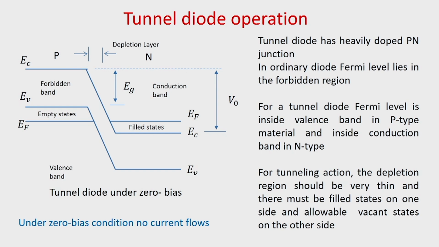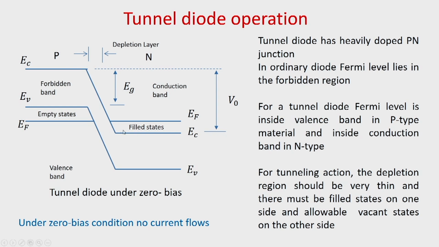So, if such a condition exists, then the electrons can move from this side, or tunnel through, to the p type material.